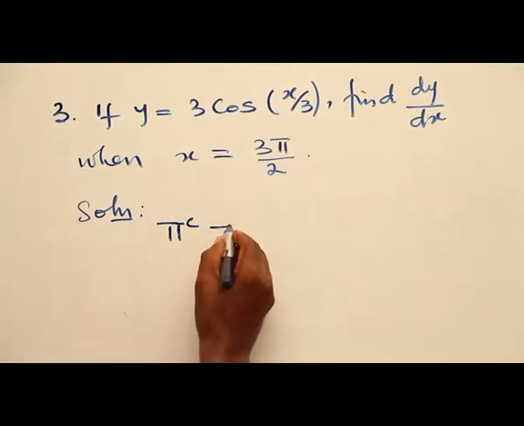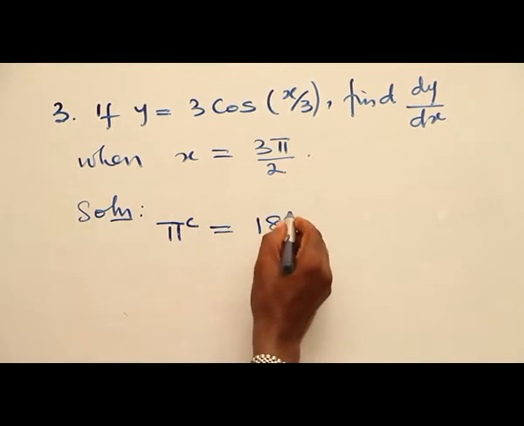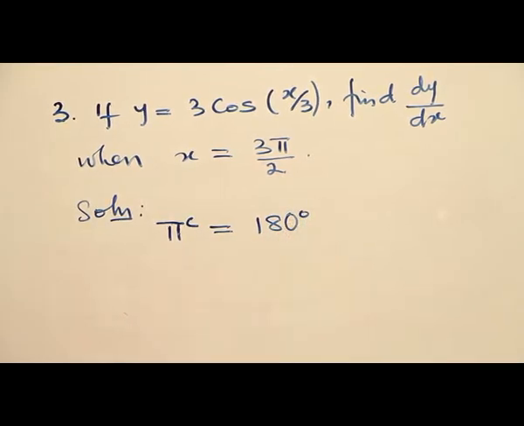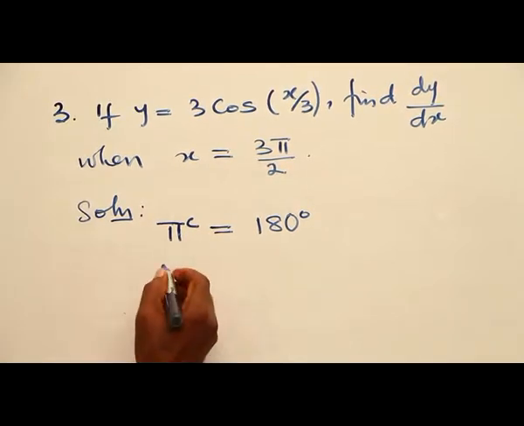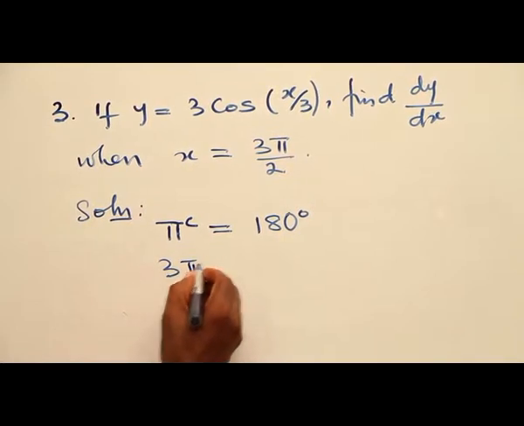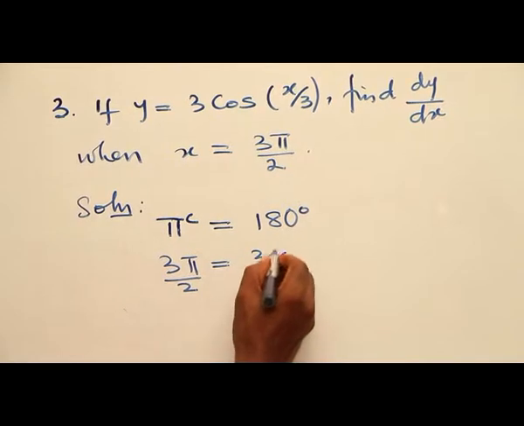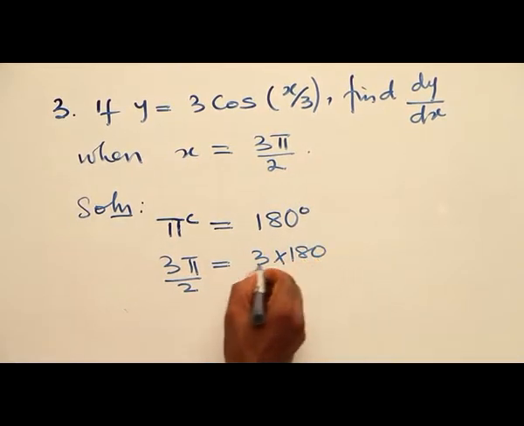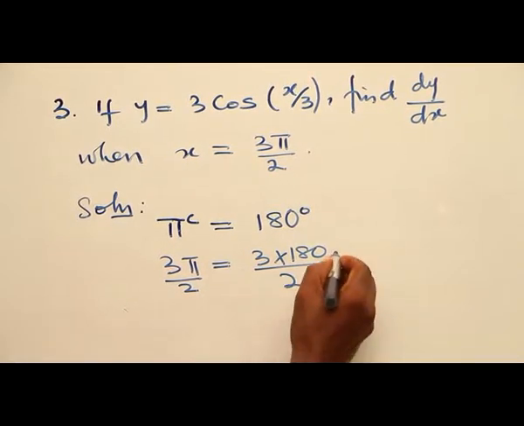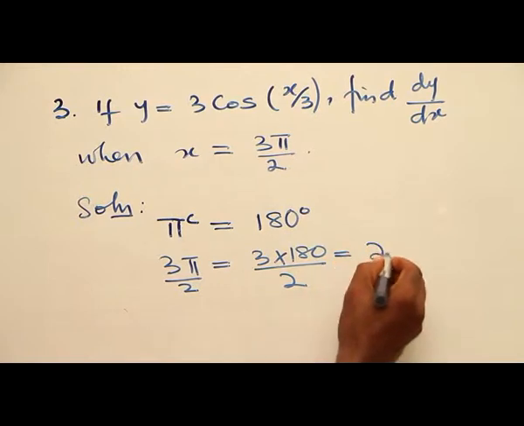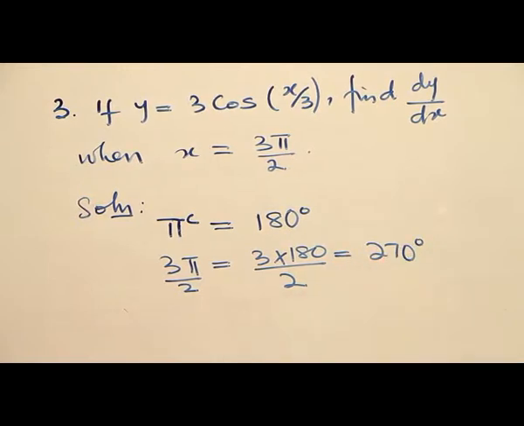This pi radian is actually a measure in degrees, and it is equal to 180 degrees. So, when you now have 3 pi all over 2, you have 3 times 180 divided by 2, and that is equal to 270 degrees.